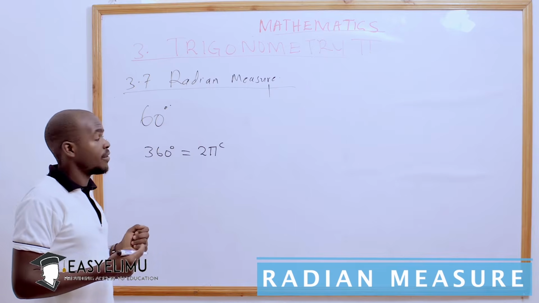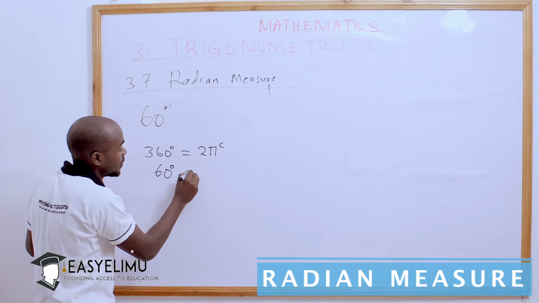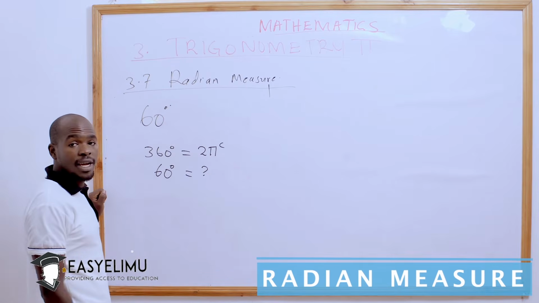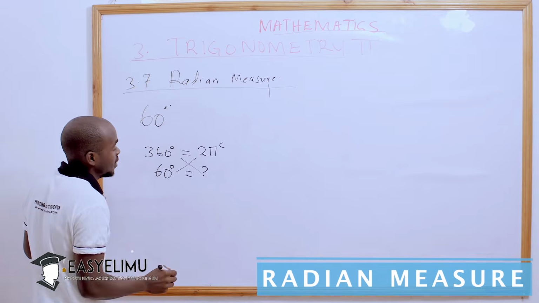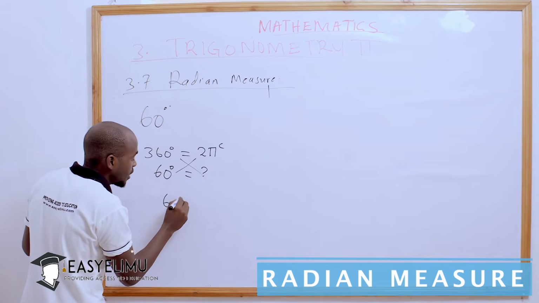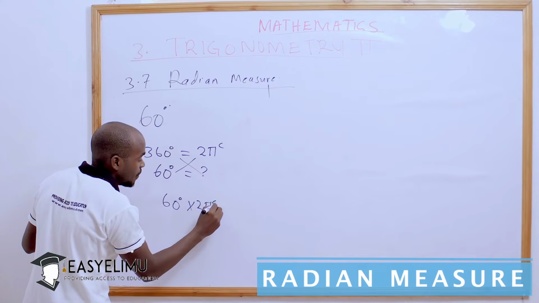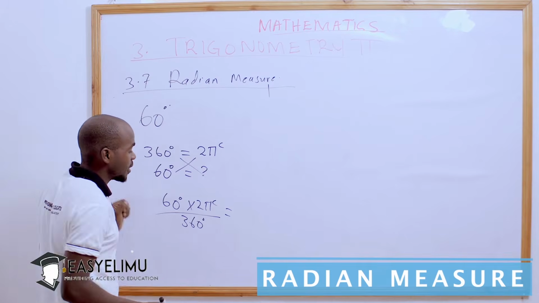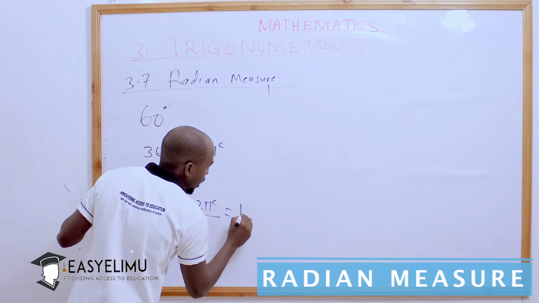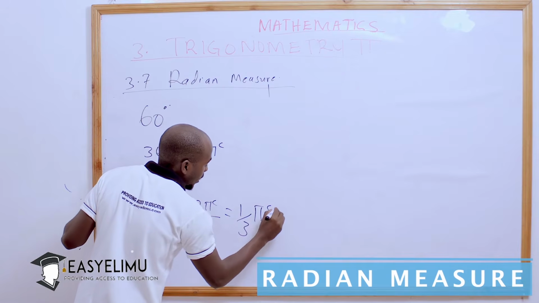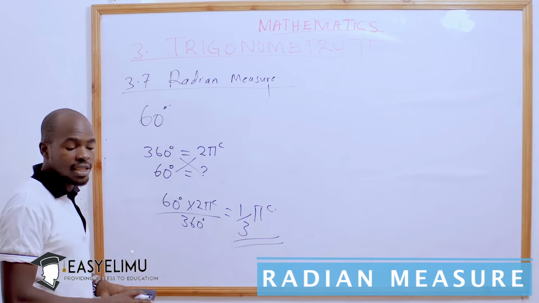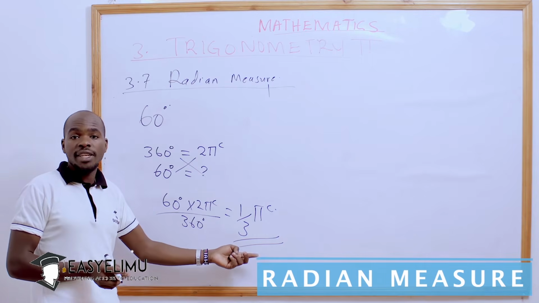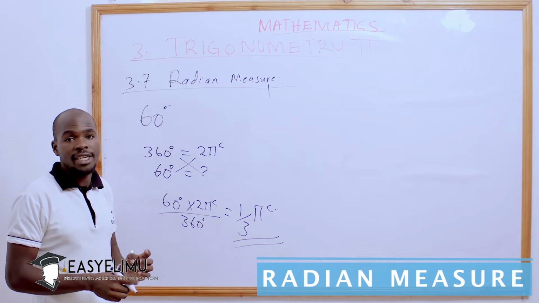Now we ask ourselves, if we have only 60 degrees, what does it represent in pi radian? If you take 60 degrees multiplied by 2 pi radian and divide by 360 degrees, you are going to get a third pi radian. So if you convert 60 degrees into radians and leave your answer in pi, your answer will be a third pi radian.